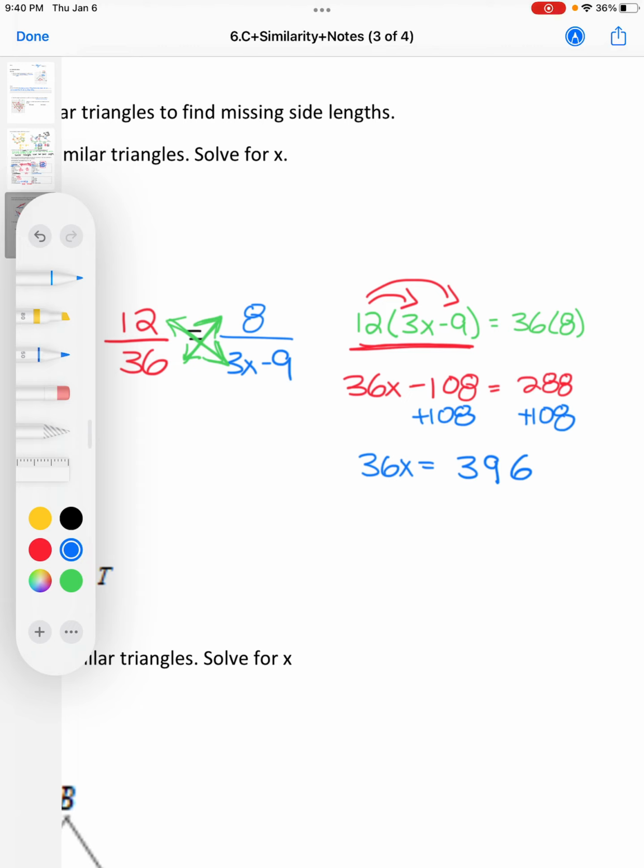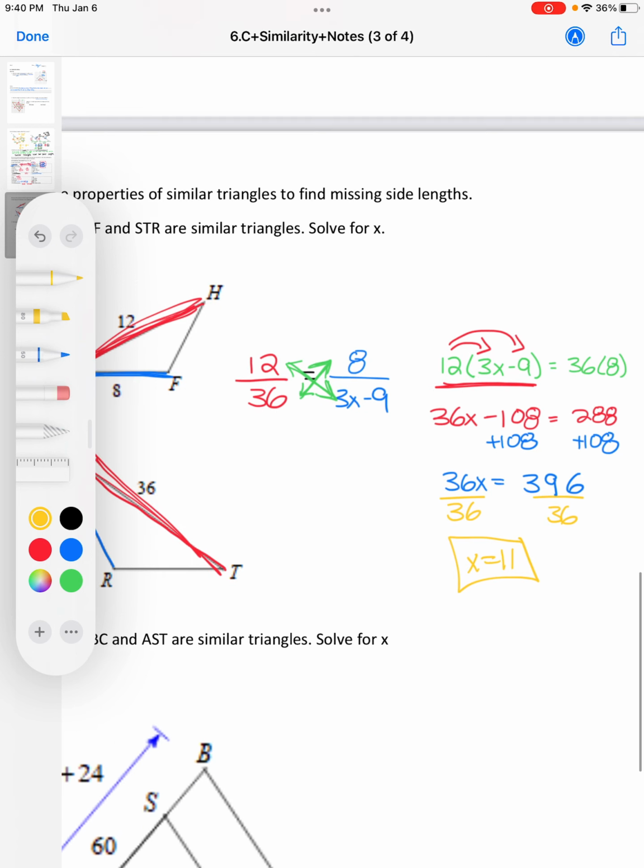And so we take 396 and we're going to divide it by 36. So 396 divided by 36. Let me write that there. That one I'm going to have to type in my calculator because I have no idea off the top of my head. It equals 11. So that's what x equals, okay? That's how we can solve for it. By first writing our ratios and then doing some cross multiplication.